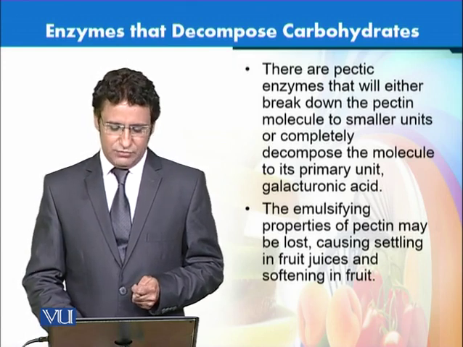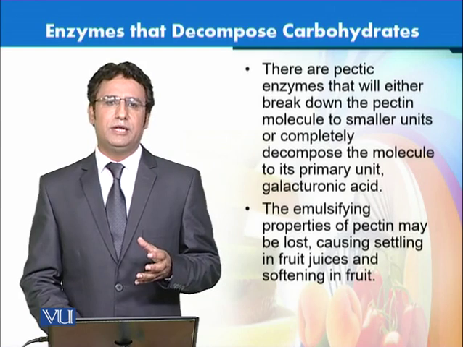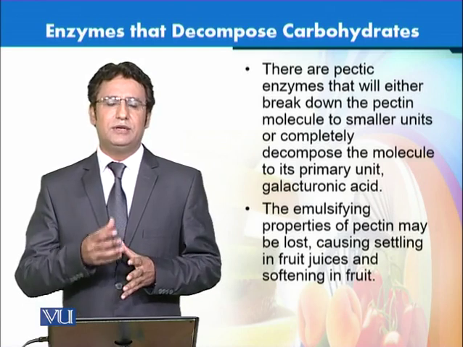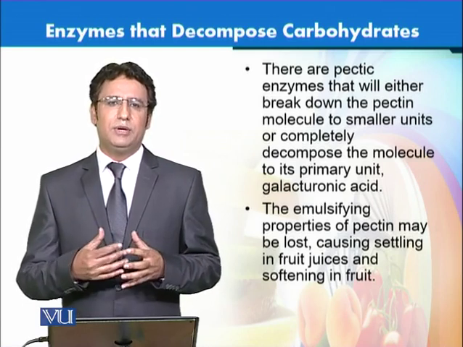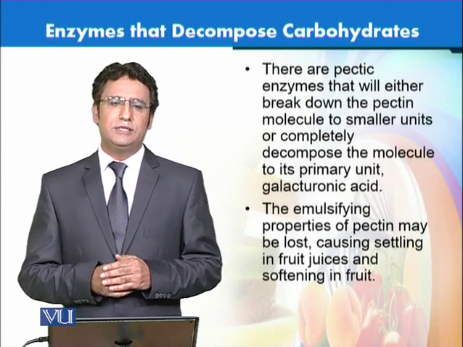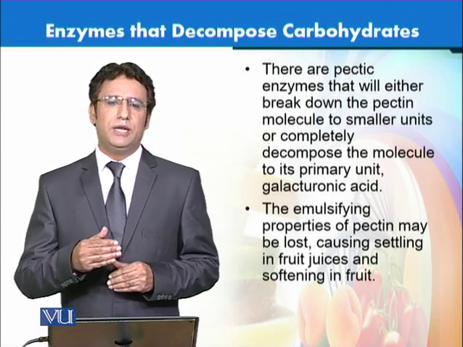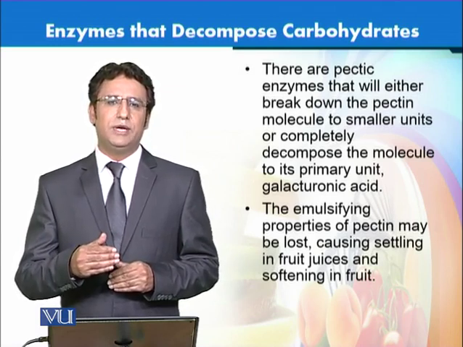And the same is true with fruit juices as well. The fruit juice would lose this pectin, and it would not have the same kind of visual appeal, because it might be broken down into different phases. And these enzymes also act many times on fruits when they soften them.